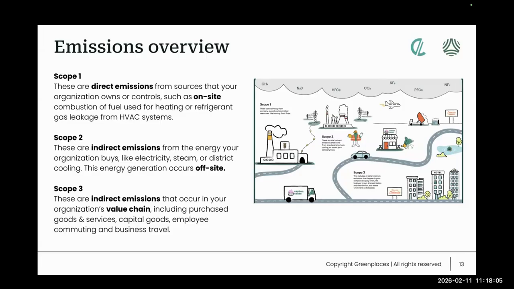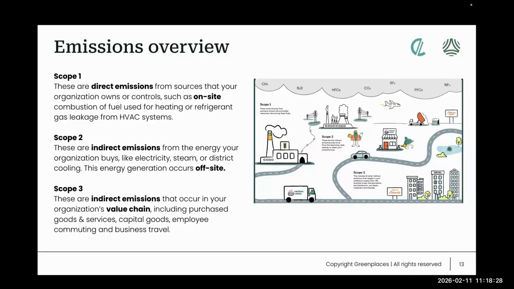So scope 1, of course, is all of your direct emissions, anything from within your own control, think natural gas boilers, company vehicles, refrigerant leaks for HVAC systems. Scope 2 are your indirect emissions from purchased energy, your electricity consumption, that is technically generated off-site, but you're driving the demand. So the locus of control is within the company itself.